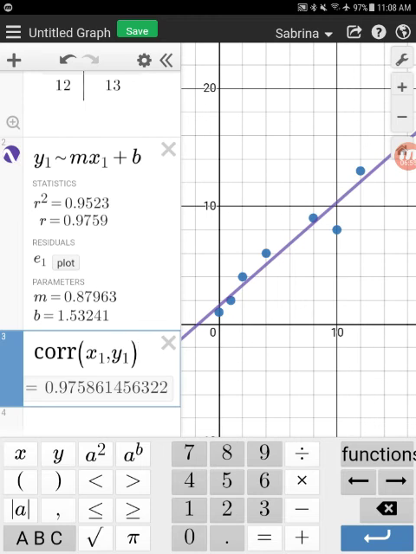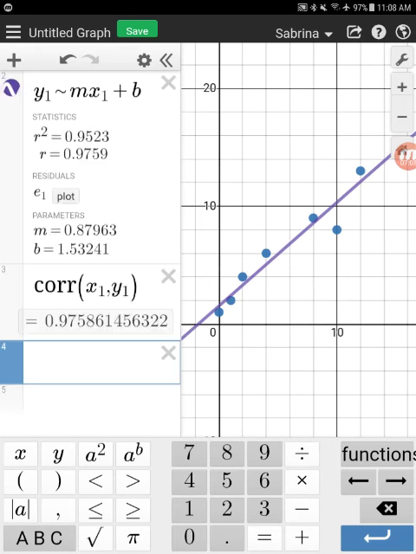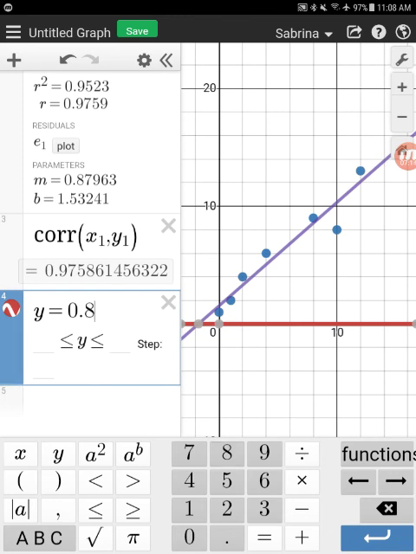Another thing you can do, and that's on the video, you can write an equation for this graph, but you got to recall what you learned back in algebra. We know that slope-intercept form is y equals mx plus b. So we're going to say y equals. They gave us m. They say m was 0.87963.